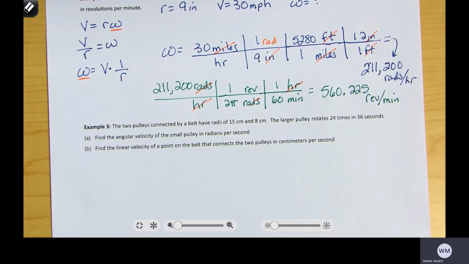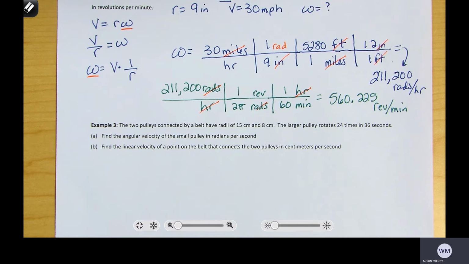That seems like a lot. 560 revolutions in a minute if you're going 30 miles an hour with a 9-inch radius. I don't know. I'm going to have to check that one. Pretty fast.